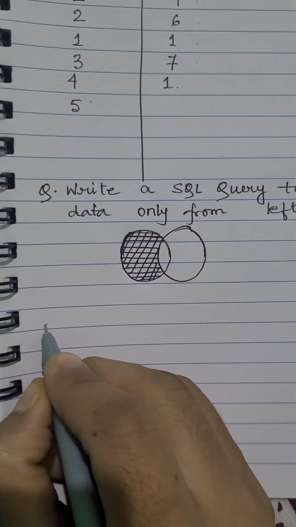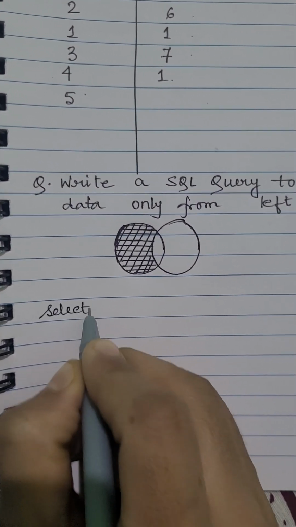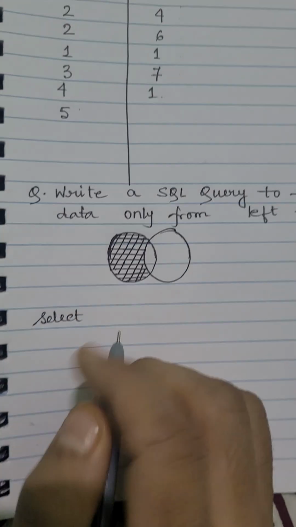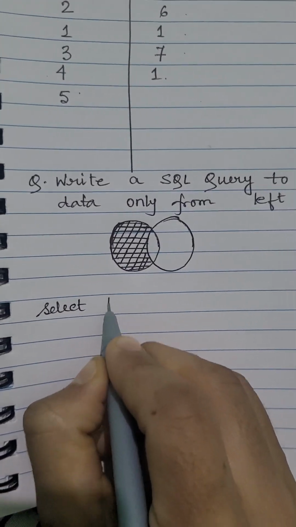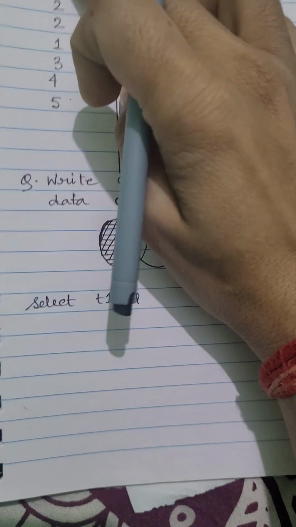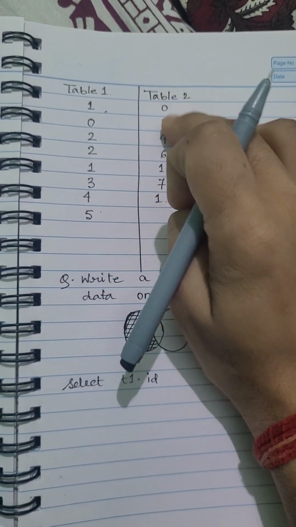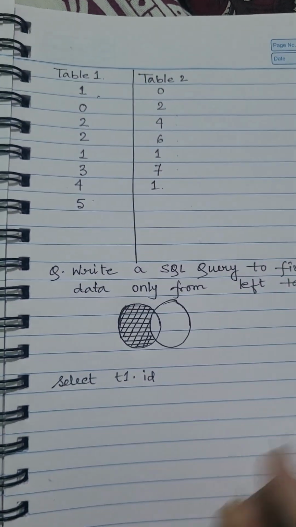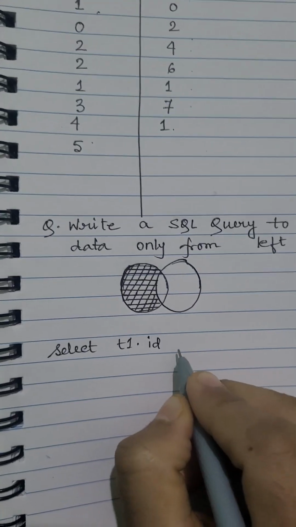See, the first query will be: select t1.id, I'm assuming that this column is id, and this column is also id from table 1 and table 2, so just understand that.